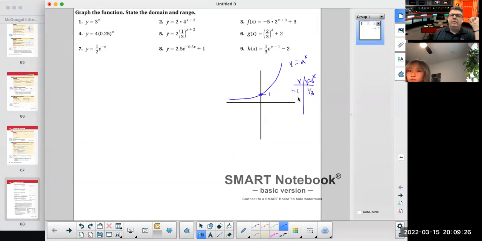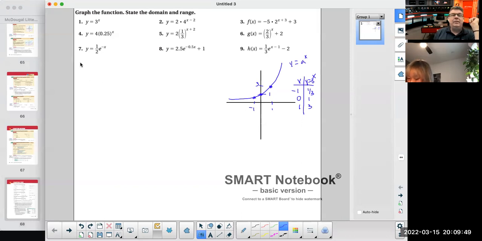And at 0, anything to the 0 power is 1, right? So that's this point. Negative 1 gives 1/3. And when x is 1, the answer is 3, and so on. You can get the basic shape.